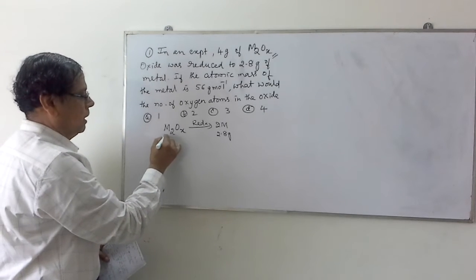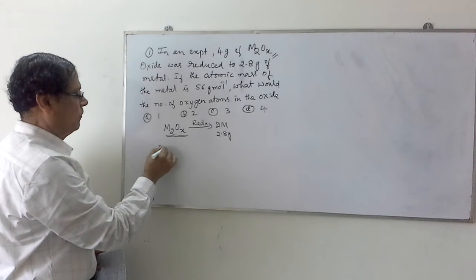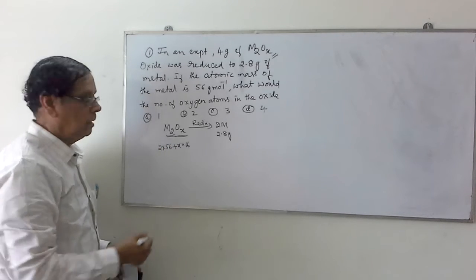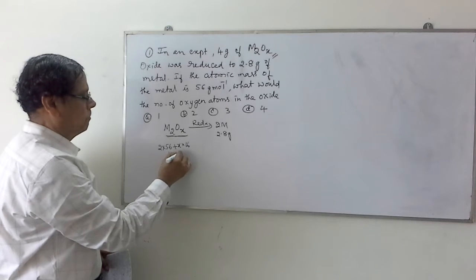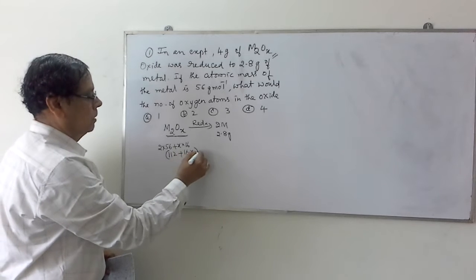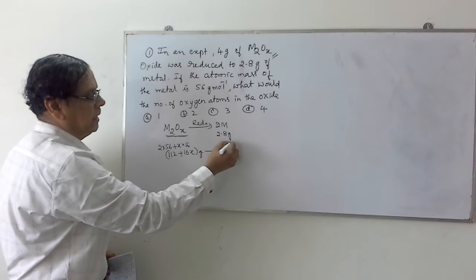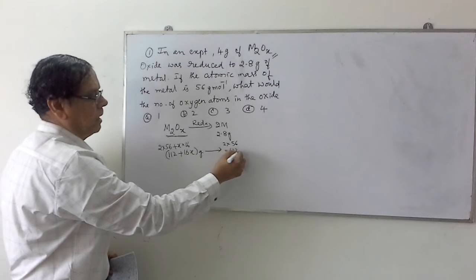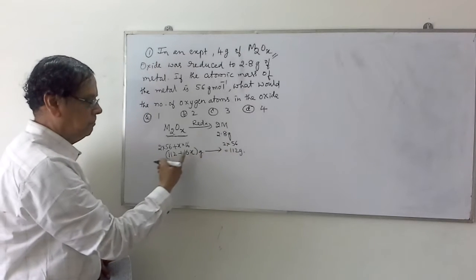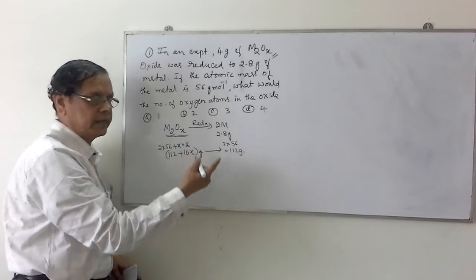Now let us write the molecular mass of this M2OX as 2 into 56 plus X into 16, that is 112 plus 16X. This much grams will give rise to 2 into 56, that is 112 grams. So we get 112 grams of the metal from 112 plus 16X grams of the metal oxide after reduction.